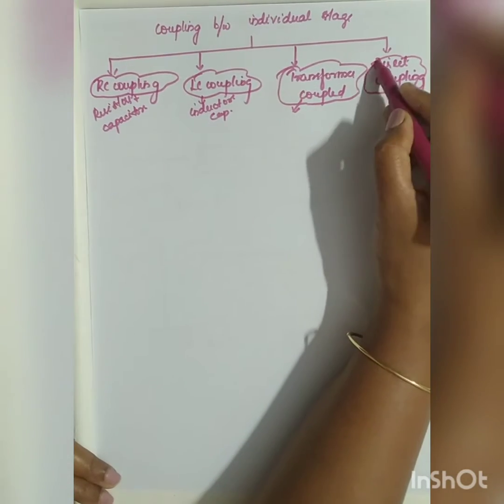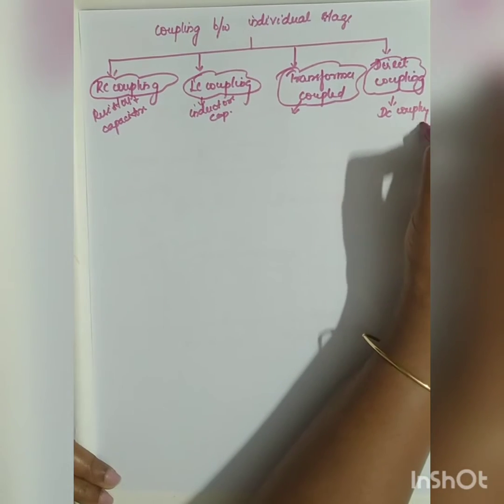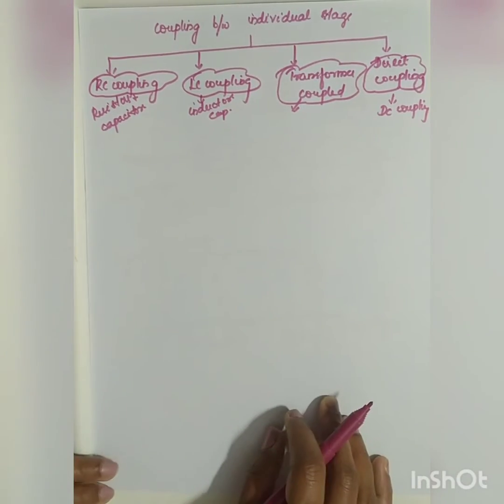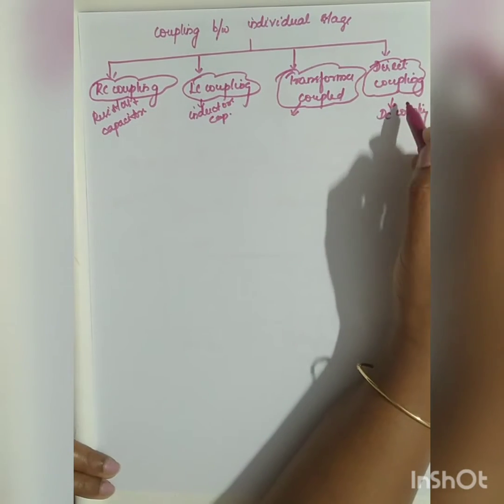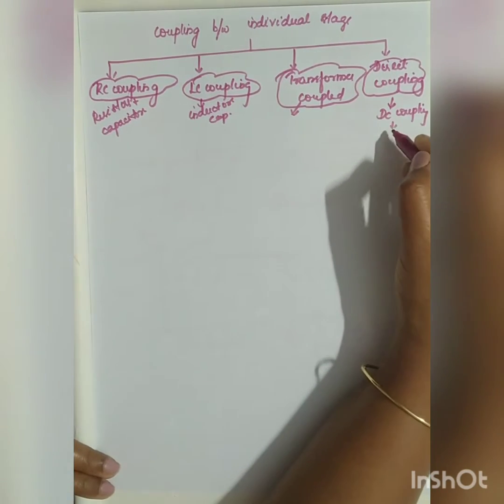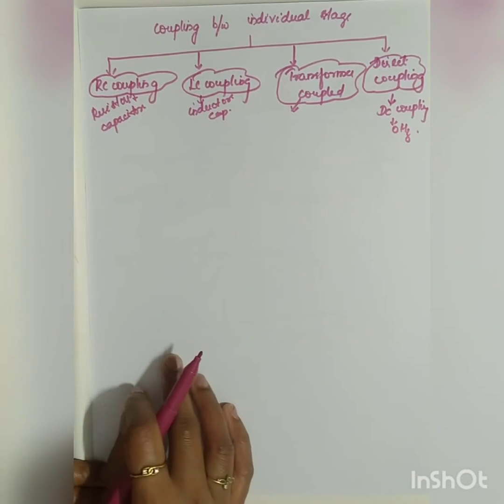Direct coupling is also called DC coupling. Directly you are going to couple one stage to the next stage. For example, if you want to amplify even a 0 hertz signal, then we go for this DC coupling method.